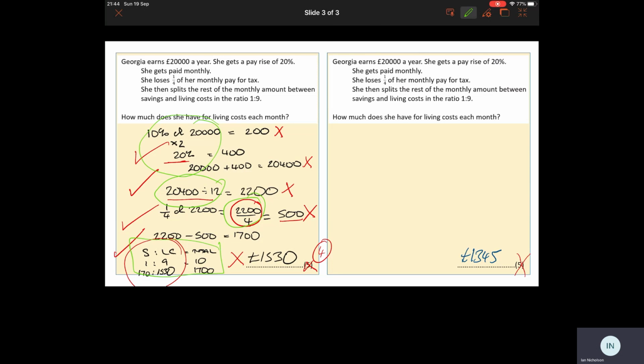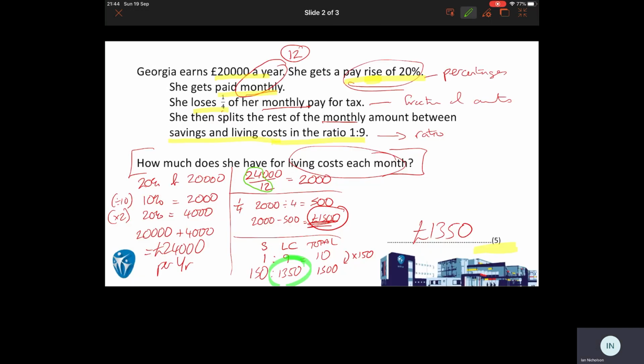So you're not expecting somebody to get that many calculations wrong as on the left hand side, but you can see just by some clear working out, they've got that mark. So you've got to remember, plan out the question, what's it asking, what bits are relevant. You know, I highlighted 5 things, there's 5 marks. That's always a good sign.